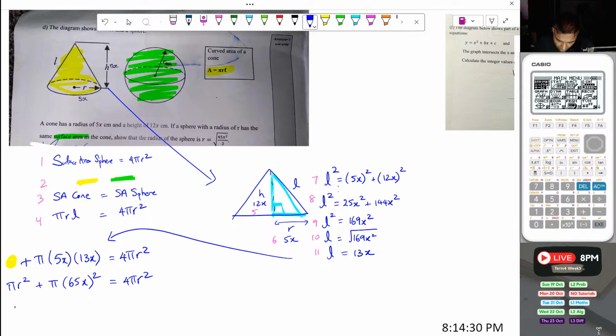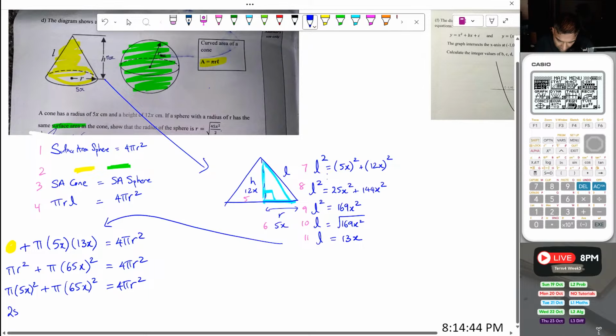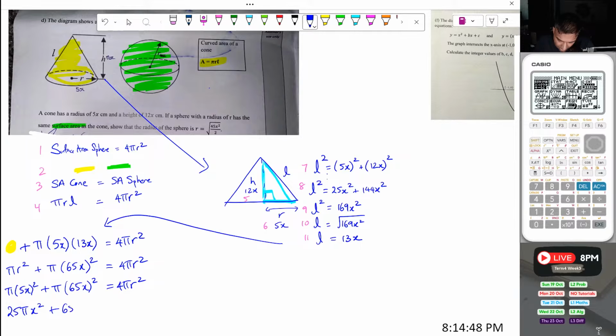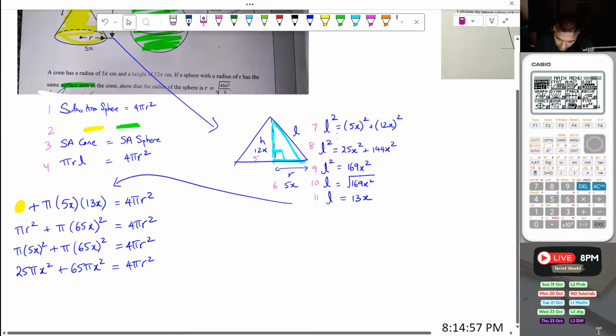Now r is equal to 5x, so that becomes pi times (5x) squared plus pi times 65x squared equals 4 pi r squared. This is now going to become 25 pi x squared plus 65 pi x squared equals 4 pi r squared. Now that's a lot better.